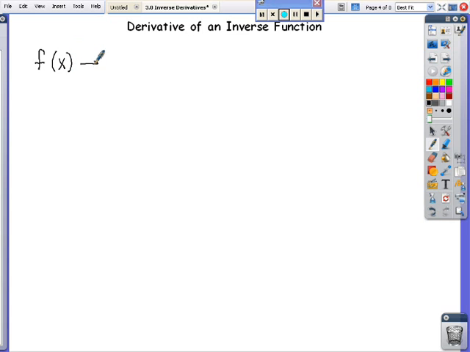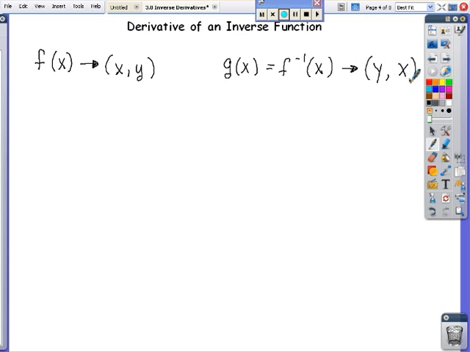(x, y). Well, if we call g of x the inverse of f, then we have on this point (y, x). For inverse functions, we actually just switch the x and y.